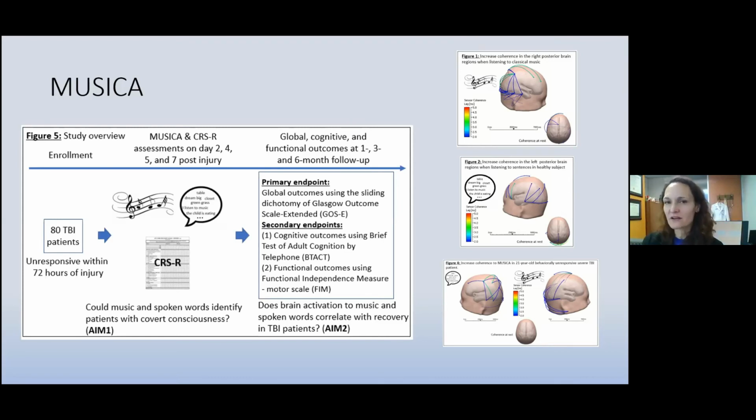If we can identify with these studies patients who have covert consciousness, that will go a long way in helping us inform our prognosis for when we talk to families. I mean, the data are not there yet. We have a long way to go, but these are really important first steps and studies that hopefully will be funded and be going forward in these next couple of years.